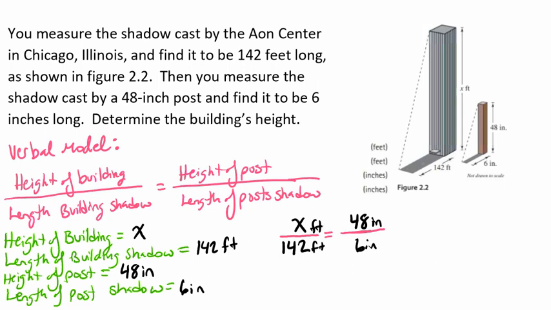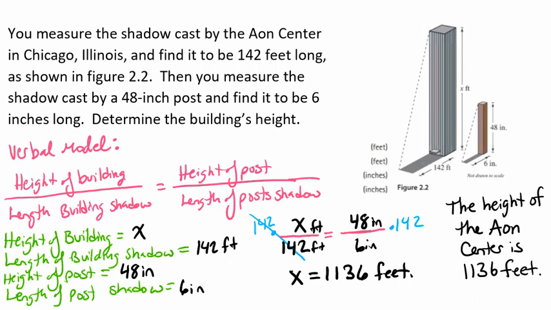So to solve this, we can multiply both sides by 142, and that's going to leave us with x equals 1,136 feet. And so we've got our answer here.